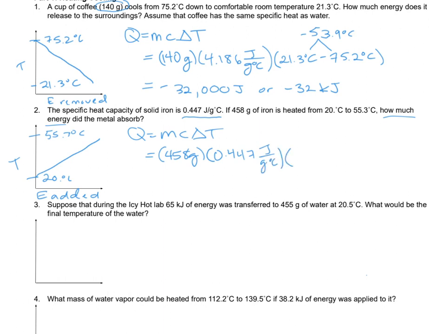And then for our change in temperature, it's final minus initial, so 55.3 degrees Celsius minus the initial, which is 20 with a dot degrees Celsius. And then when we do the subtraction for our change in temperature, that ends up being 35.3 degrees Celsius. So 458 times 0.447 times 35.3.